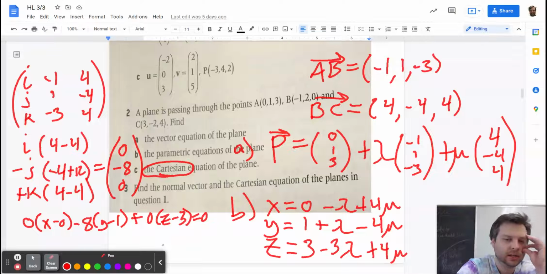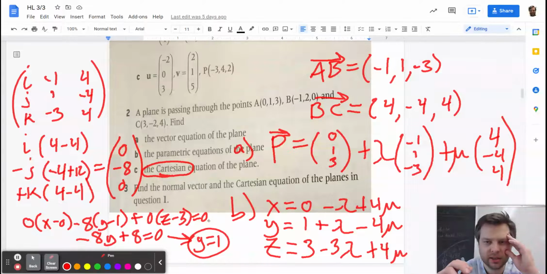And so that ends up just being negative 8y plus 8 equals 0, or in other words, y equals 1. So that is a very odd situation. I must have made some sort of mistake back there in finding my cross product, because I don't believe that all of our points have a y value of 1.